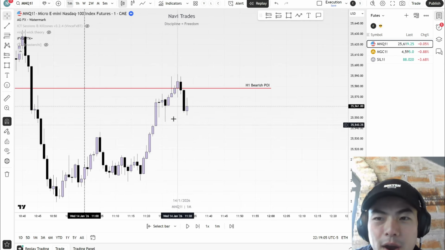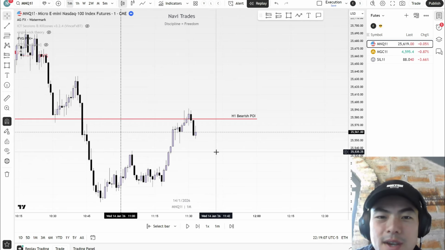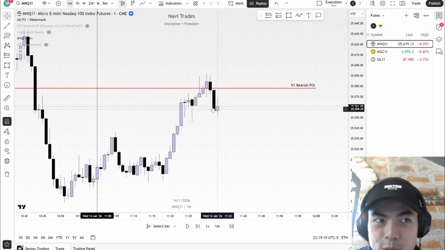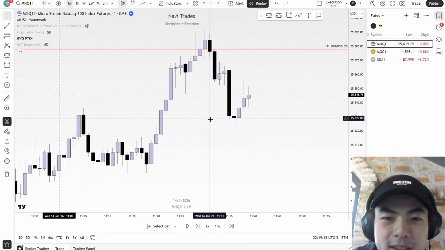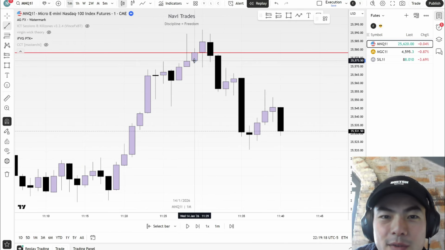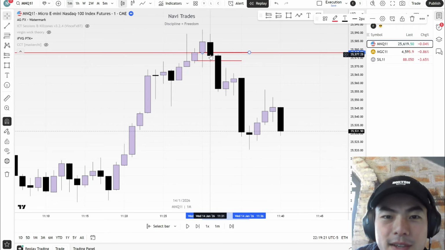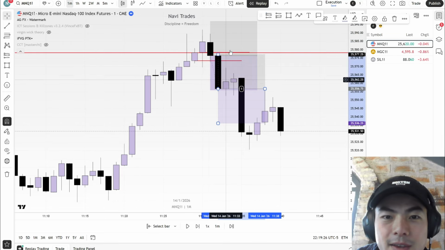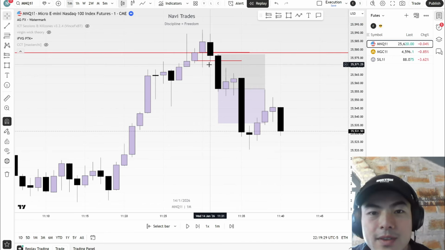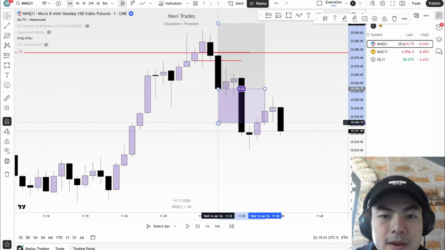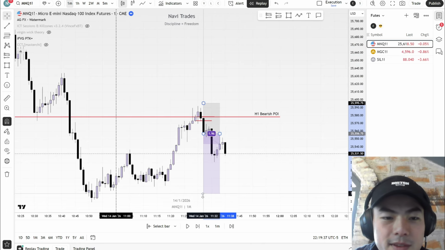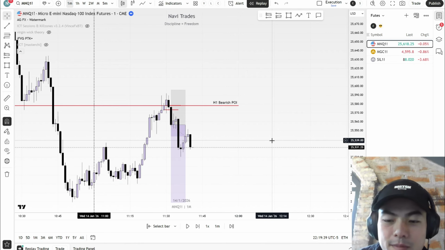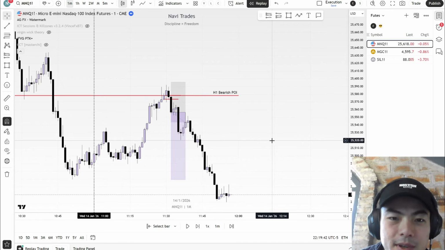But yeah, for my model, I only trade inverse fair value gap entries. But I know some people play this model with engulfing candles or change state of delivery. So in that case, let's say you engulf this one or even this one and you enter here or here, stop at the highs, targeting these lows, or even these lows, that would have been a sick trade because that just dumps straight down.